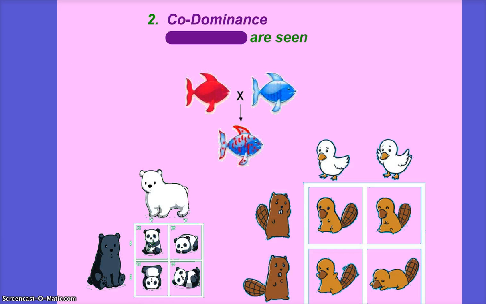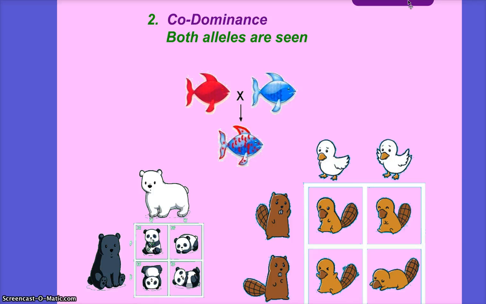Yes. Our next special case is called codominance. What's happening here? I'm not even giving you alleles, I'm just giving you pictures. Both are seen. So instead of a mix happening, you actually get a combination, like white and black gives you black and white, or this organism here, beaver and a duck, gives you a duck beaver.